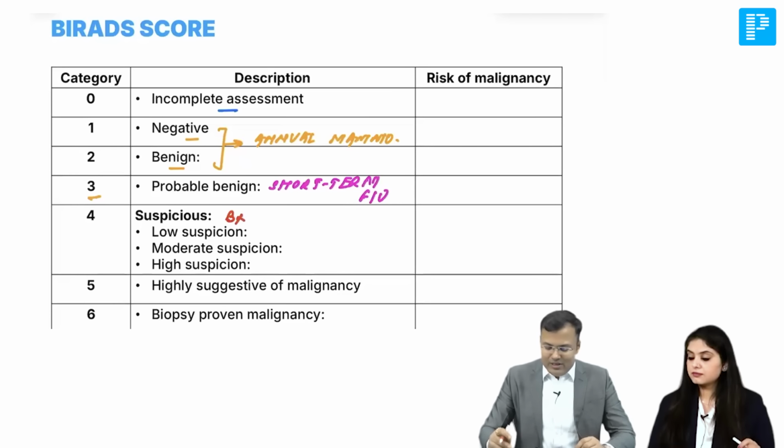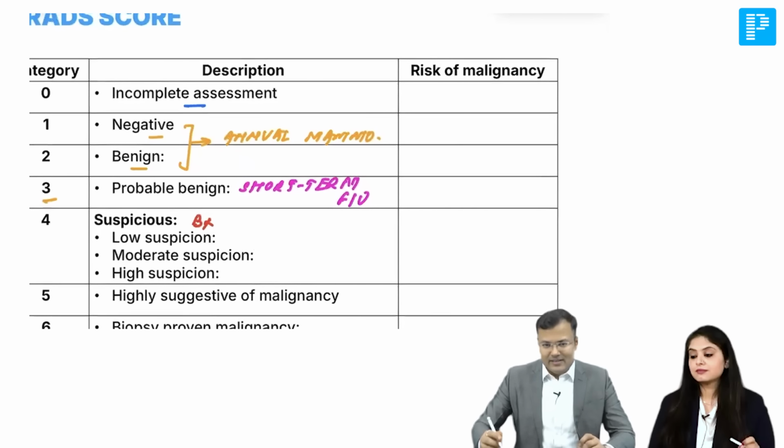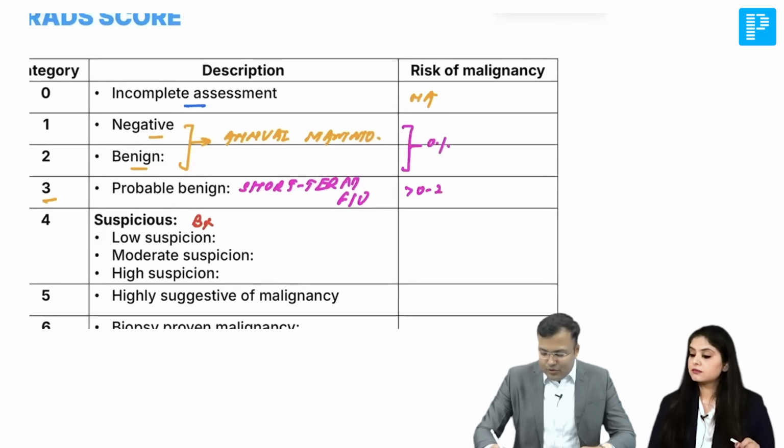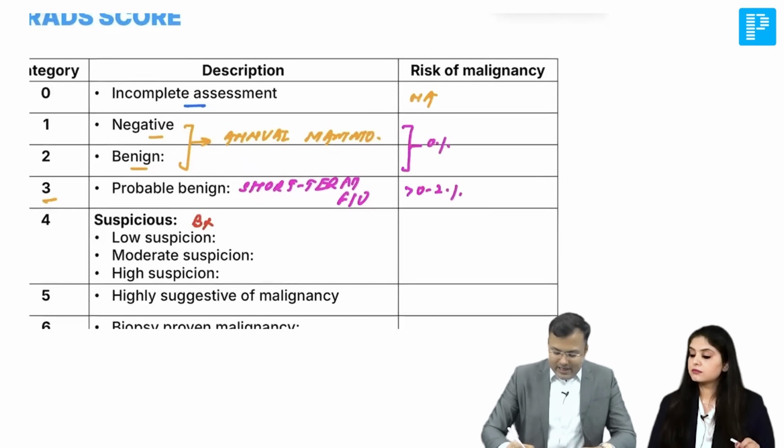So guys, can you tell me the risk of malignancy? Incomplete assessment, so it's not applicable here. Category 1 and 2, obviously it's 0% because it's benign or negative. Category 3, it's more than 0 to 2%. 4A, low suspicion. 4B, moderate suspicion. 4C, high suspicion.